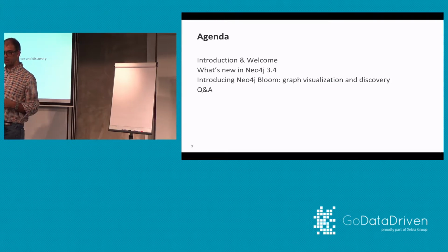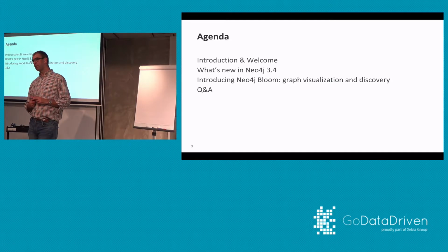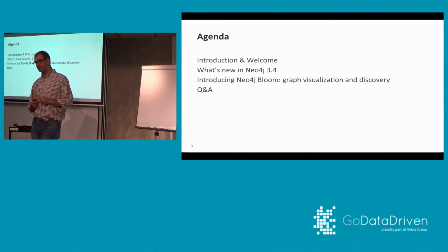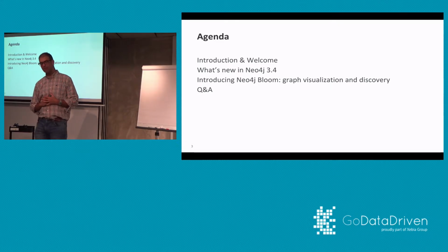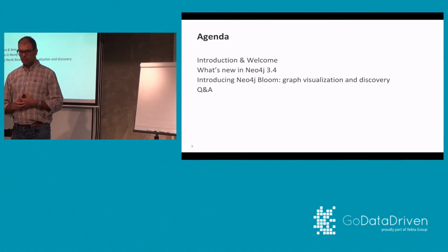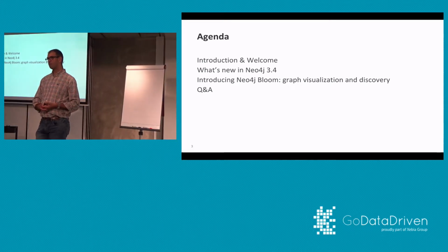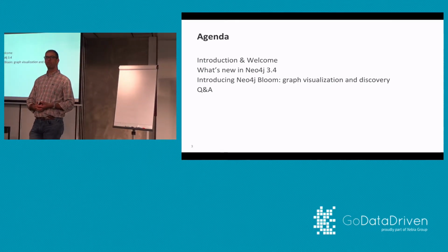The first is Neo4j 3.4, the current shipping release of Neo4j, which is still one of the leading graph databases out there. Then we'll talk about a topic we've touched upon a couple of times in this meetup: visualization and discovery. We've had a couple of people speak about it here as well.